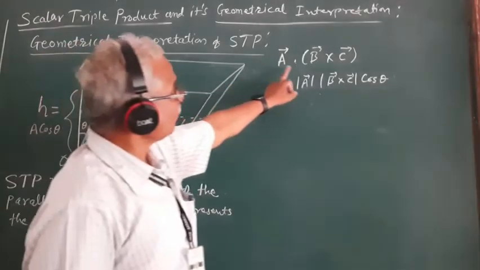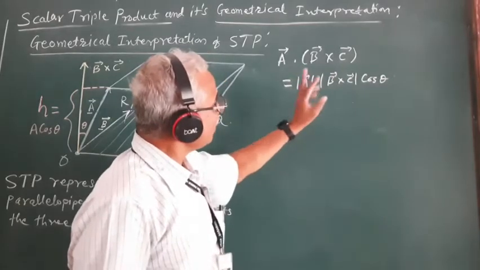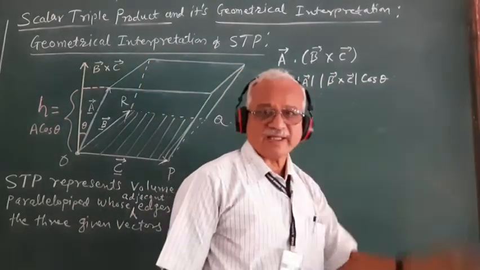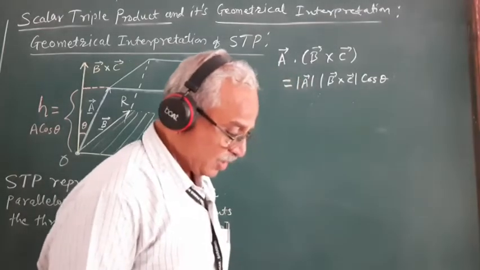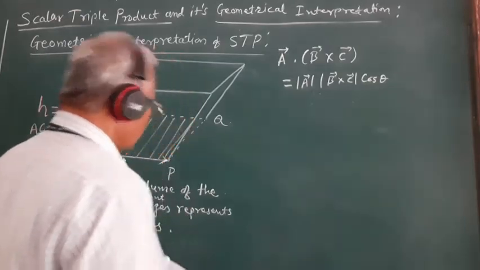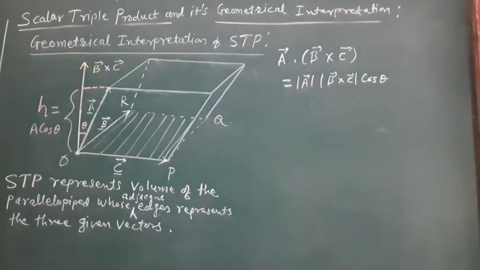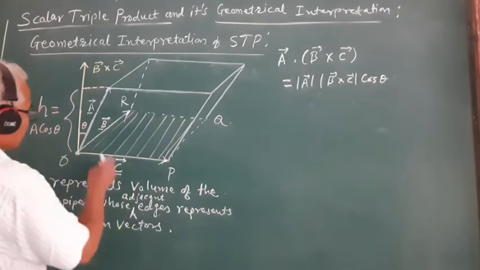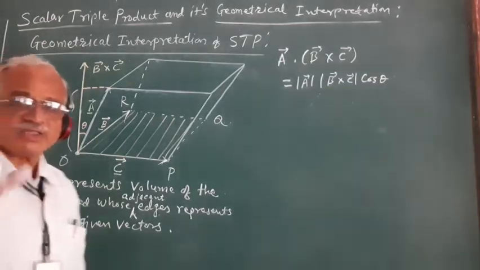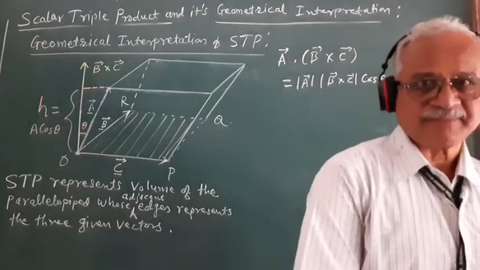So the scalar product of these three vectors is expressed like this: mod a bar into modulus of b bar cross c bar into cosine of the angle theta between them. So as we know that the modulus of the cross product of two vectors represents the area of the parallelogram formed by the two vectors as the two adjacent edges.